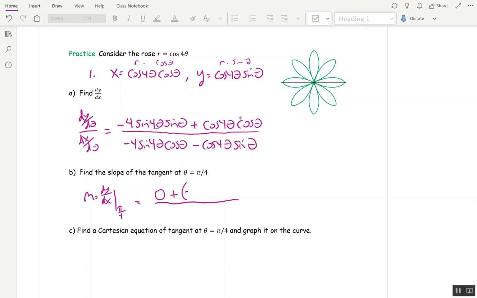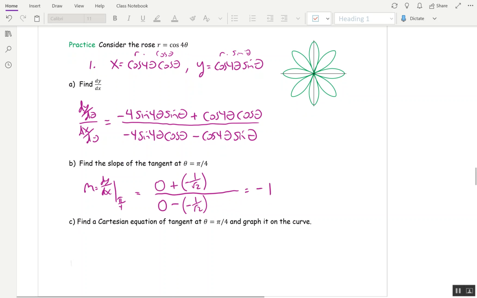So that'll give us -1 over root 2. Downstairs, we have 0 minus -1 over root 2. So I get -1 over root 2 over +1 over root 2, which is -1. All right, so there's the slope.